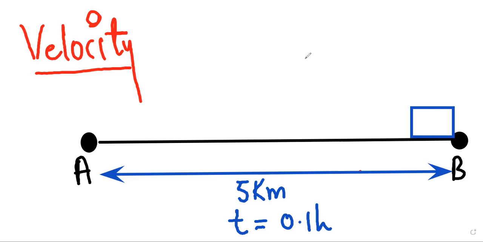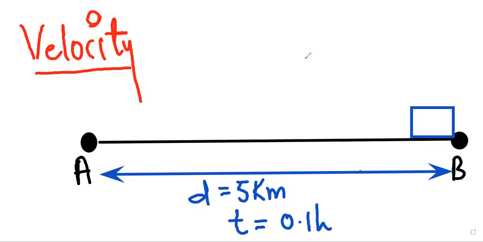So two factors are considered: one is length, which is in kilometers, and the second is time. The length between two points is distance, and we are well familiar with this term. So distance is 5 kilometers and time taken is 0.1 hour.